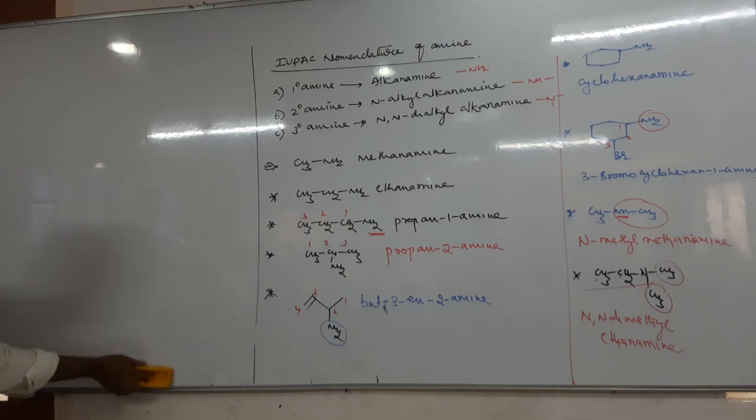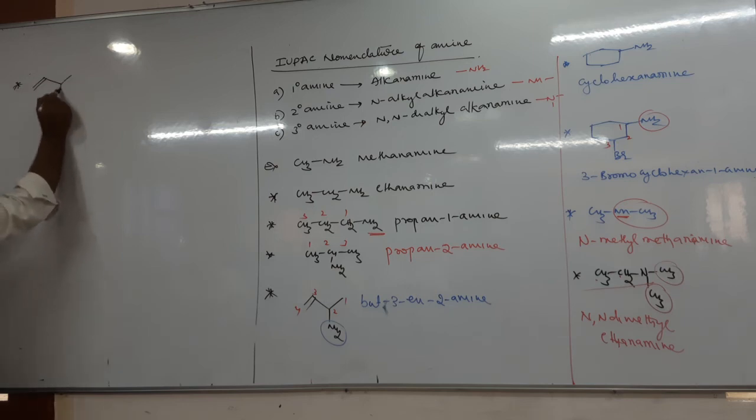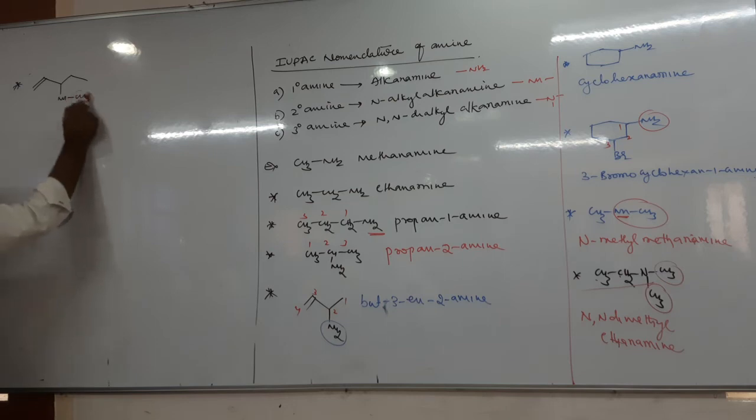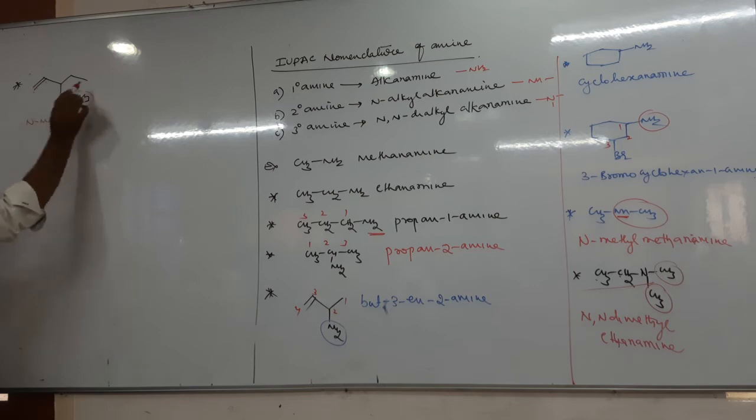Suppose if there is a double bond. Tell me now. Give the numbering. It is, of course, N-alkyl, right? You should write N-alkyl first. N-methyl. Okay, N-methyl. Then numbering, tell me. It is 1, 2, 3. 1, 2, 3.